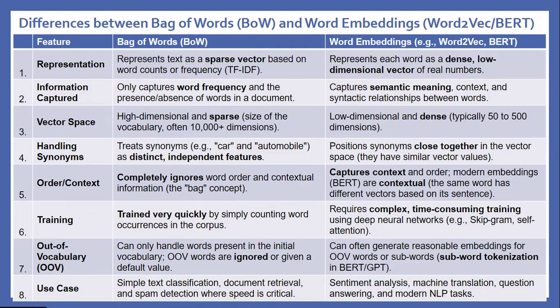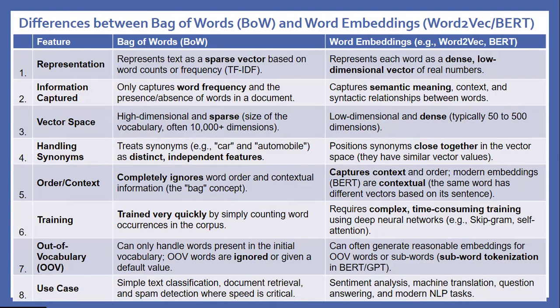Word embedding positions synonyms close together in vector space. They have similar vector values. Order and context: bag of words completely ignores word order and contextual information, hence the bag concept. Word embedding captures context and order.